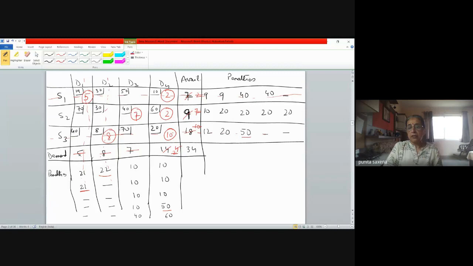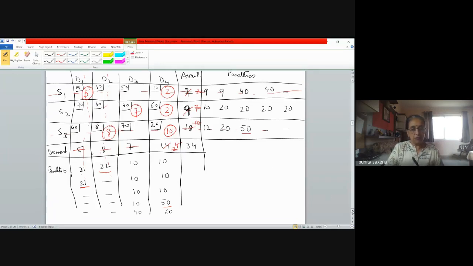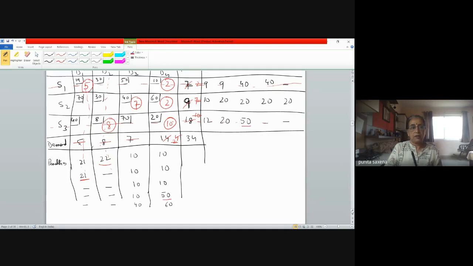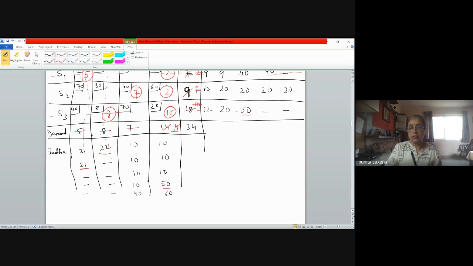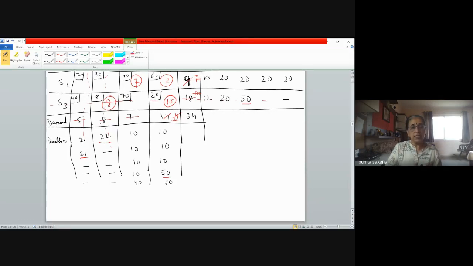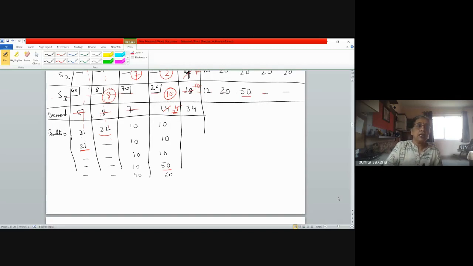So if you compute the cost now, the minimum cost, again your basic cells have changed, definitely. And even if the cell is the same, the value has changed.